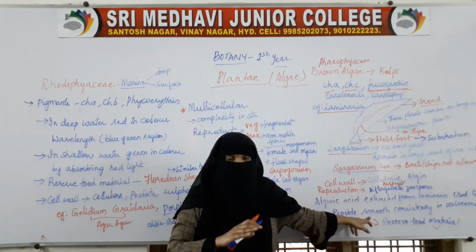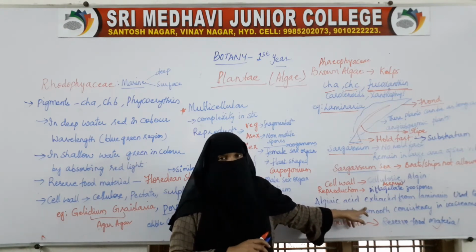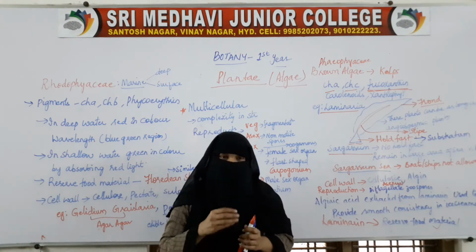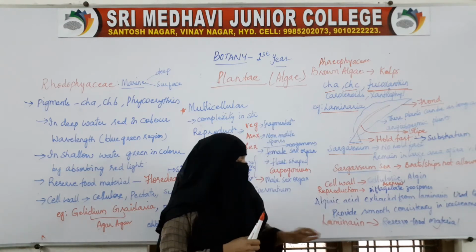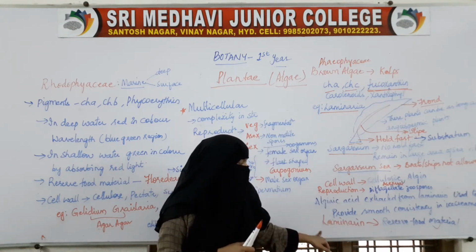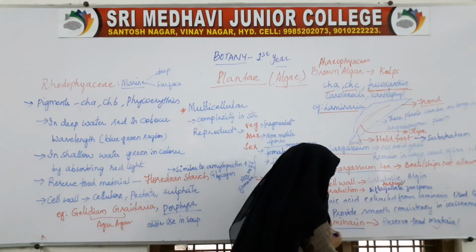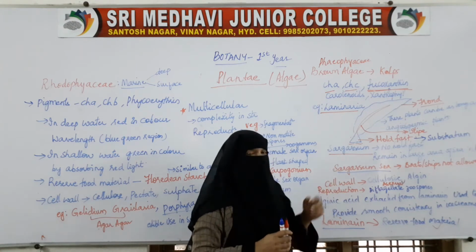The smoothness is because of the presence of alginic acid which is extracted from Laminaria. So, it is used to provide the smooth texture in ice cream. The reserve food material here is laminarin. So, this was about the Phaeophyceae.